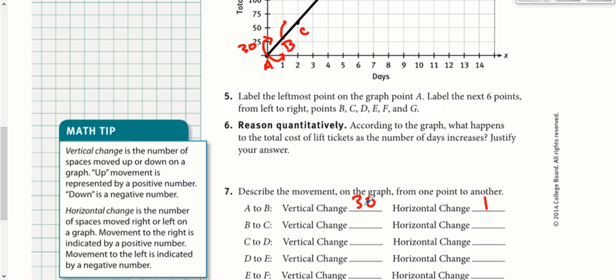So think about what we did on the table. That's a change of a positive 30. And my horizontal, if I go from here to there, that is 1. Now, generally speaking, we would do vertical change going up like that, horizontal change going over like that.